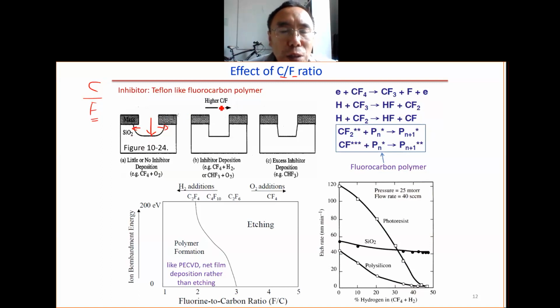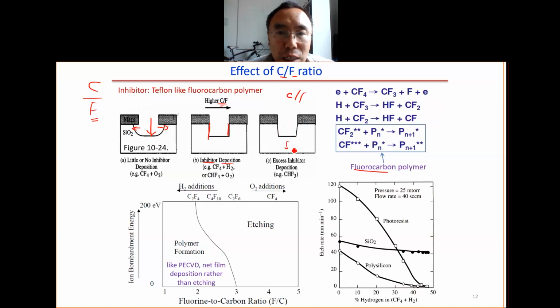When the ratio is high, we get vertical etching. We have sidewall passivation, inhibitor deposition on the sidewall. You can see here we found the fluorocarbon on the sidewall. When we have too much carbon to fluorine, we get a tapered profile.